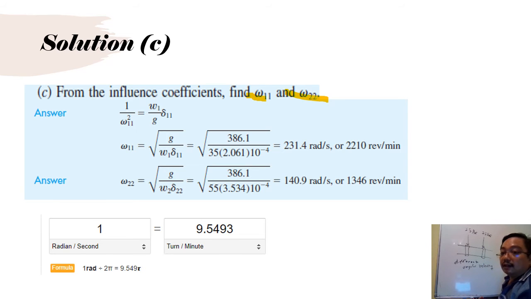So in the answer given, the angular velocity for w11 for this point is 231, and the angular velocity for this point is 140. Different angular velocity.